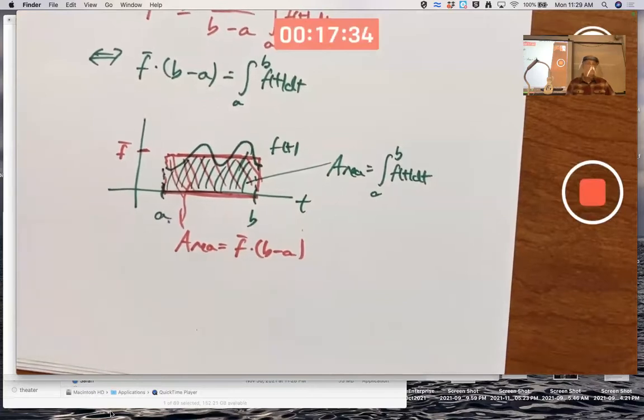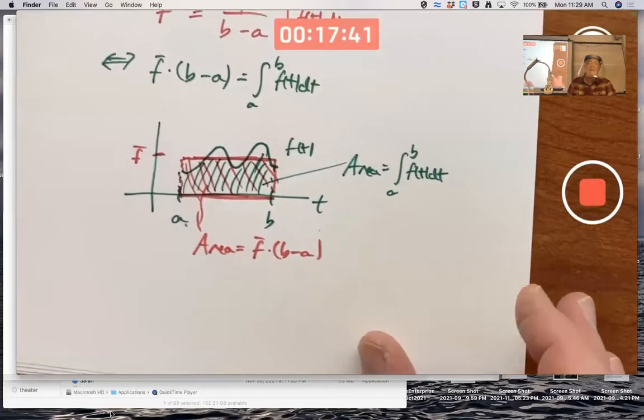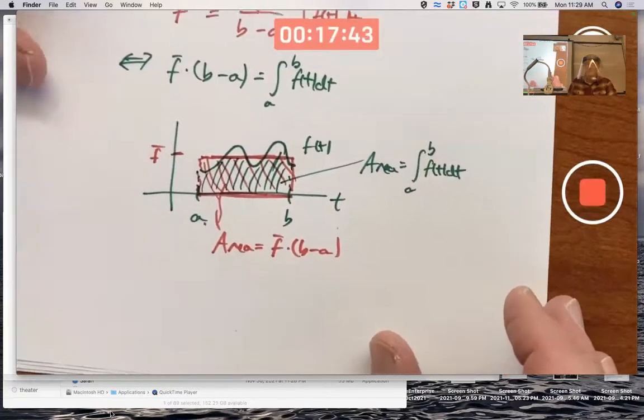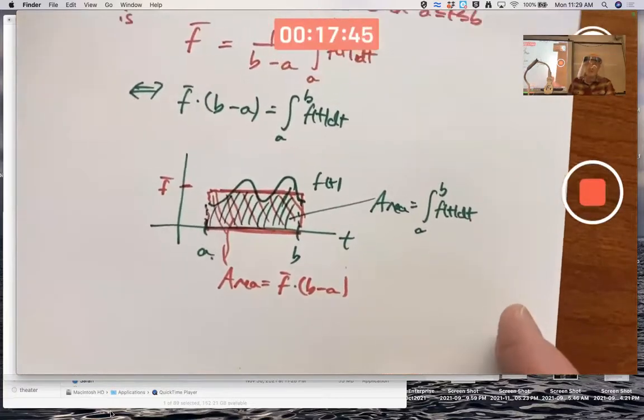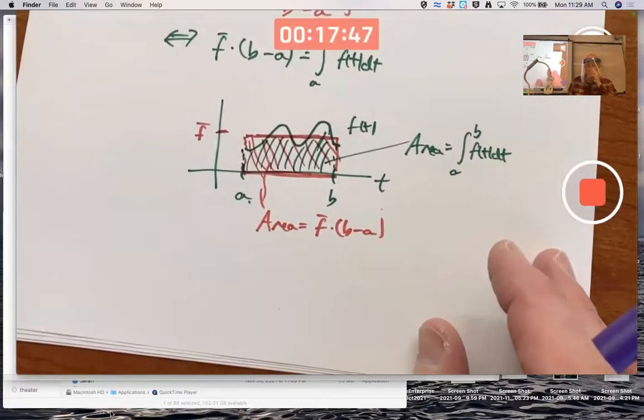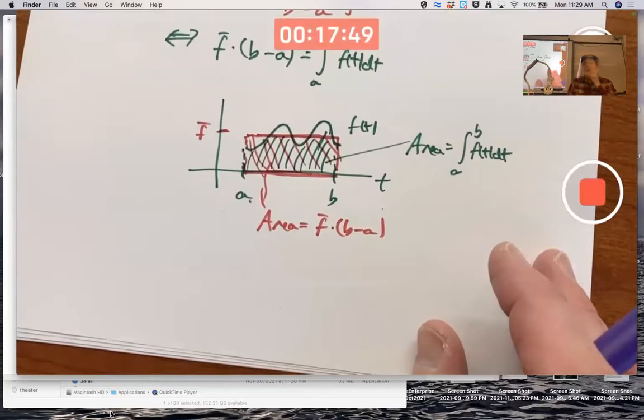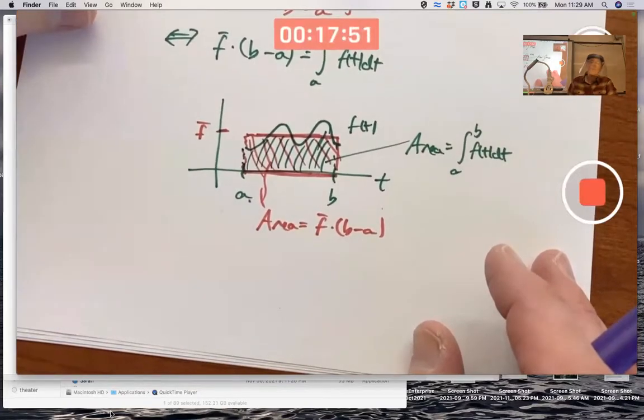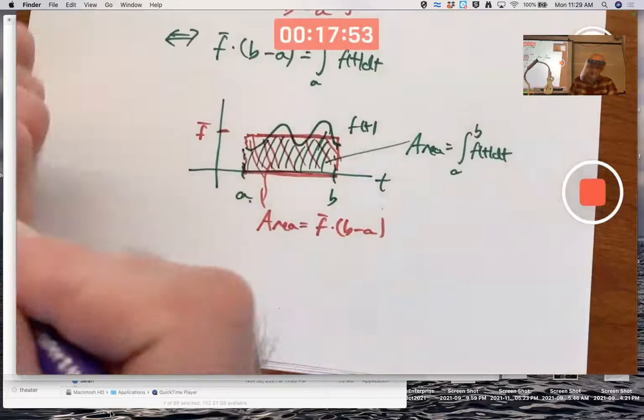Let's do an example. Let's find the average value of a particular function. We'll take a pretty simple function, say t squared, over the interval like from maybe 1 to 3, and try to interpret it graphically.